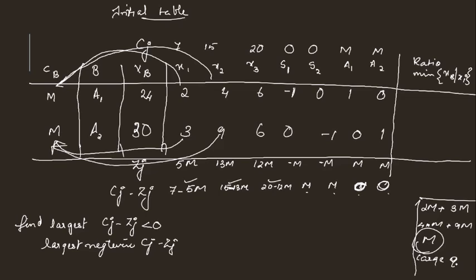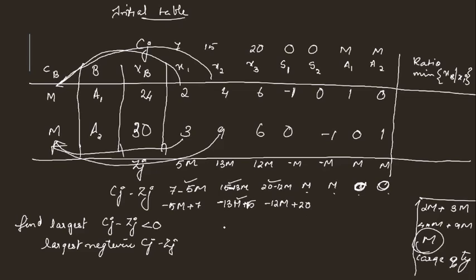So if I write these values as minus 5M plus 7, minus 13M plus 15, minus 12M plus 20, which is the most negative value in these three?